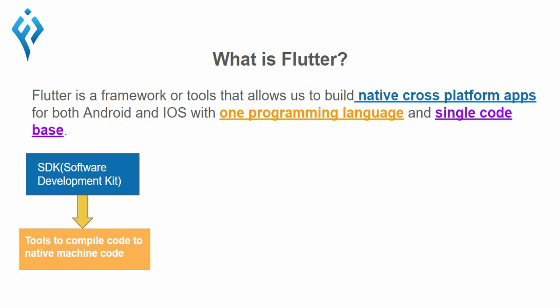It compiles the code, which normally wouldn't run on iOS and Android, into native code that runs on those devices. As it contains only one programming language, it needs to compile the code into native machine code for iOS and native machine code for Android. So it makes sure the code runs on both devices.